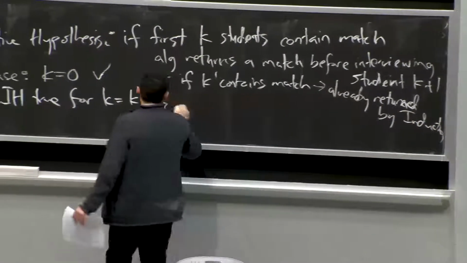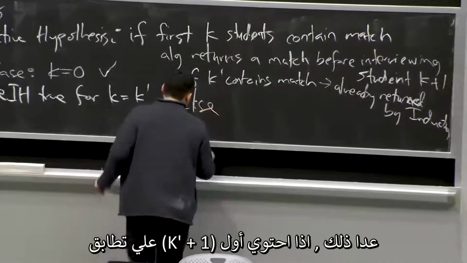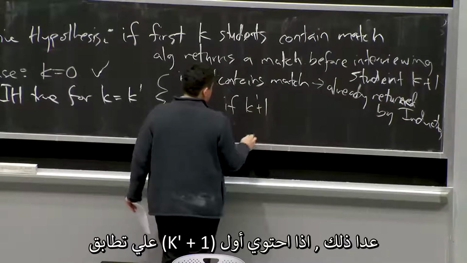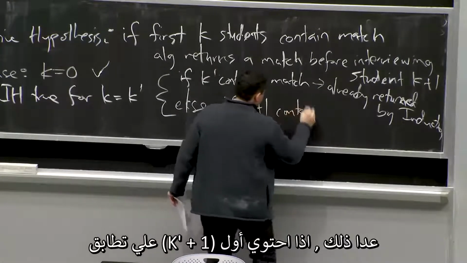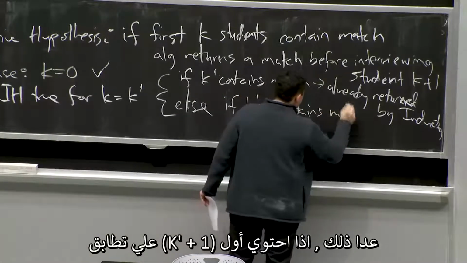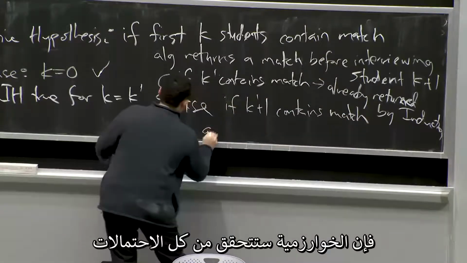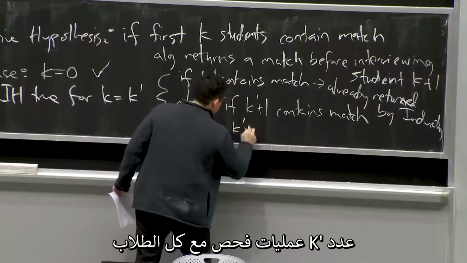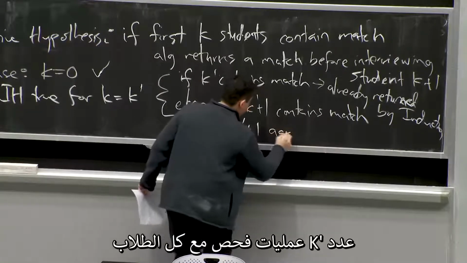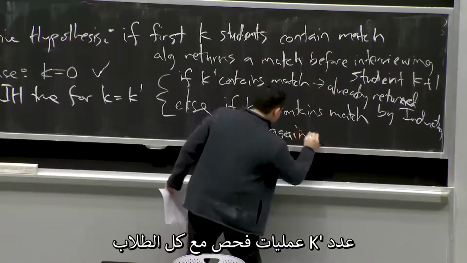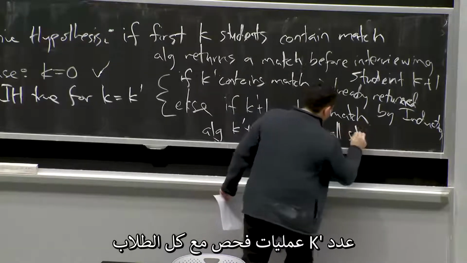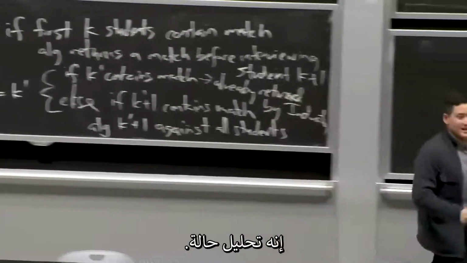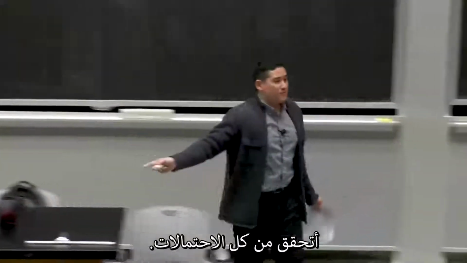Else, if the k prime plus 1 students contain a match, the algorithm checks all of the possibilities. It checks k prime plus 1 against all students, essentially by brute force. It's a case analysis. I check all of the possible possibilities.